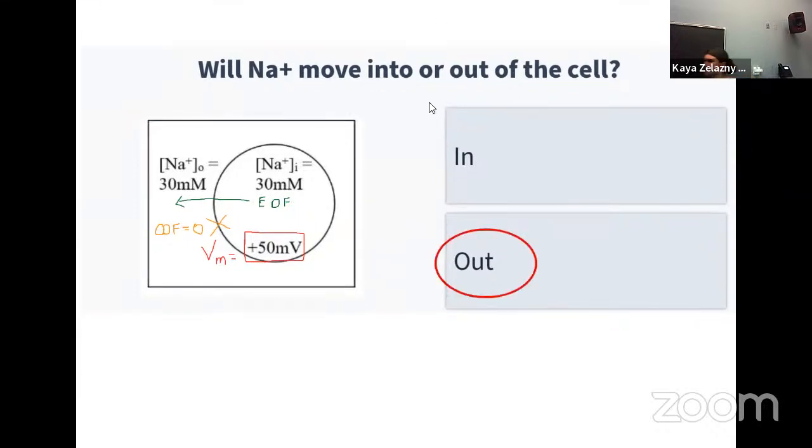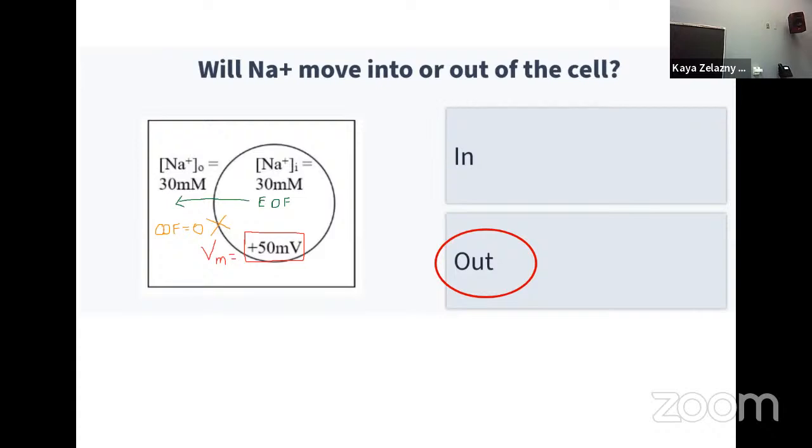How do you know that it's the EDF that's going to move and not the CDF? In this situation, we first looked at the CDF to find those chemical concentrations, and we saw the same amount of sodium inside the cell and outside the cell. So in this case, we didn't have any chemical force. That concentration isn't pushing or pulling on it.